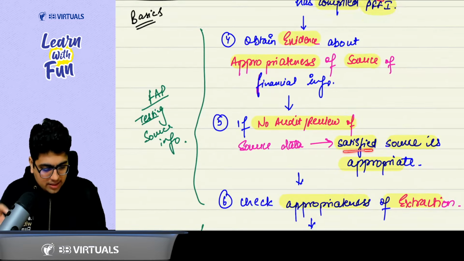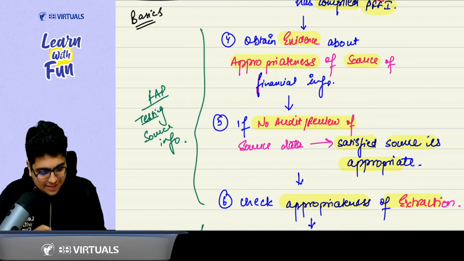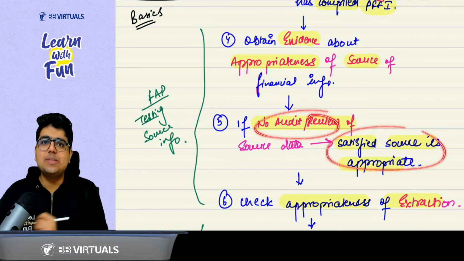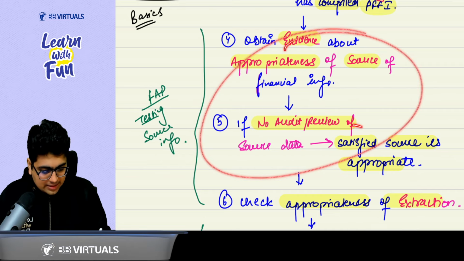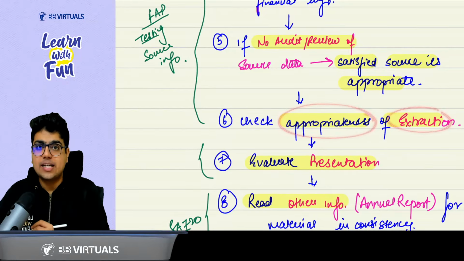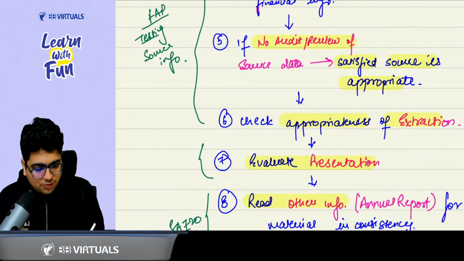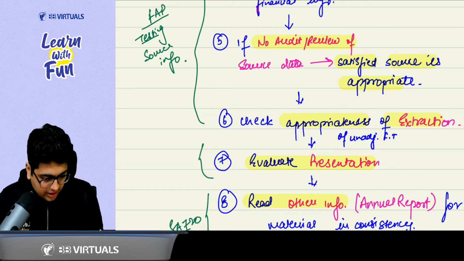Be satisfied whether the source is appropriate or not. Even if it is not audited, again you need to be satisfied whether it is appropriate or not. Once you are sure about the source, check the extraction. Check the appropriateness of the extraction of what? Extraction of unadjusted financial information.